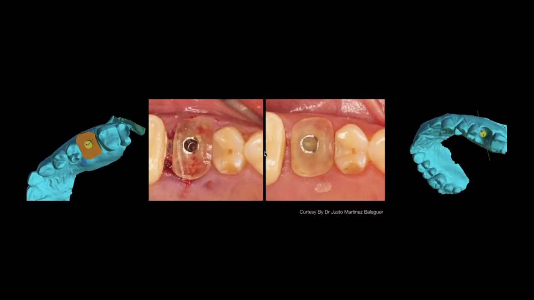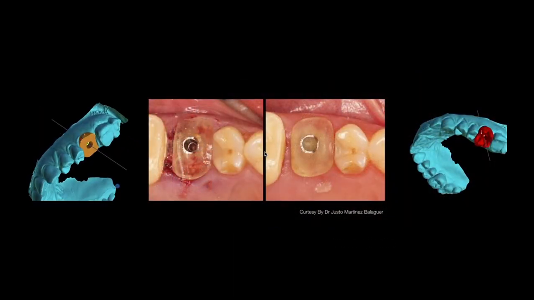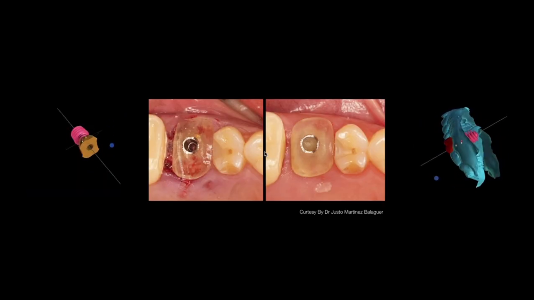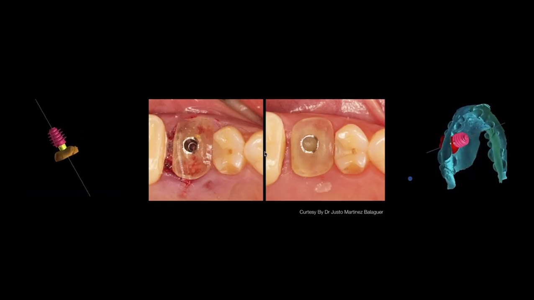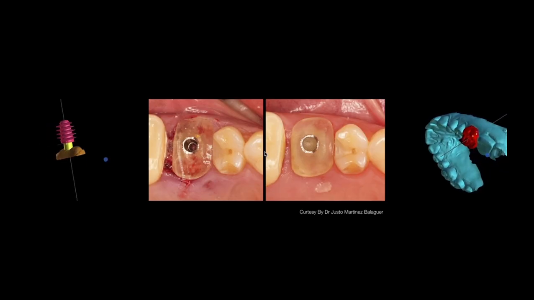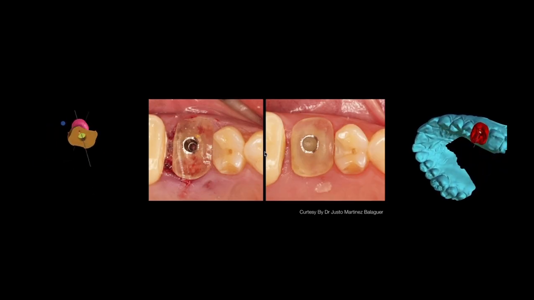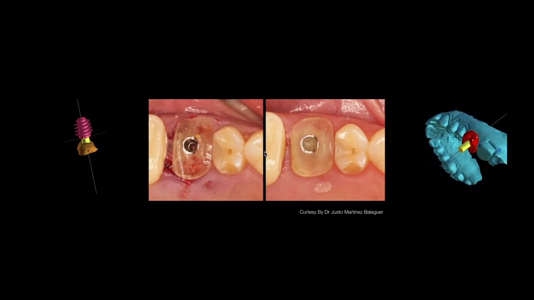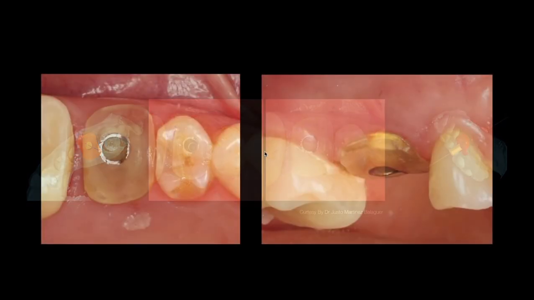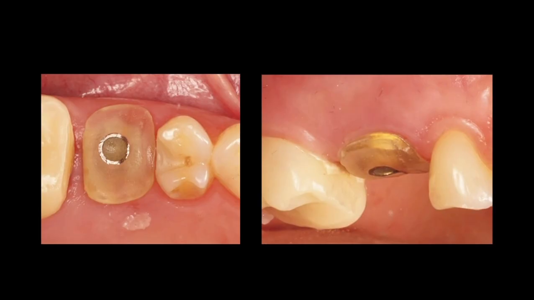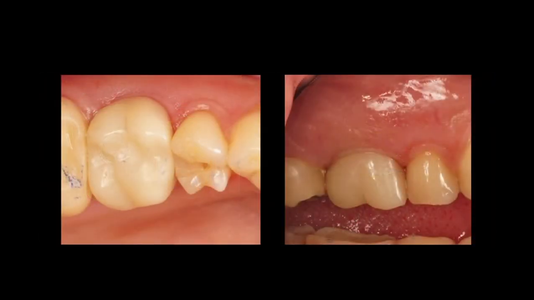Today we're using even healing abutments that are customized from the digital planning of our crown. And the most apical aspect of our crown is going to be basically the customized healing abutment that is going to cover that socket and allow the tissues to heal. So this is the story that I want to tell you.